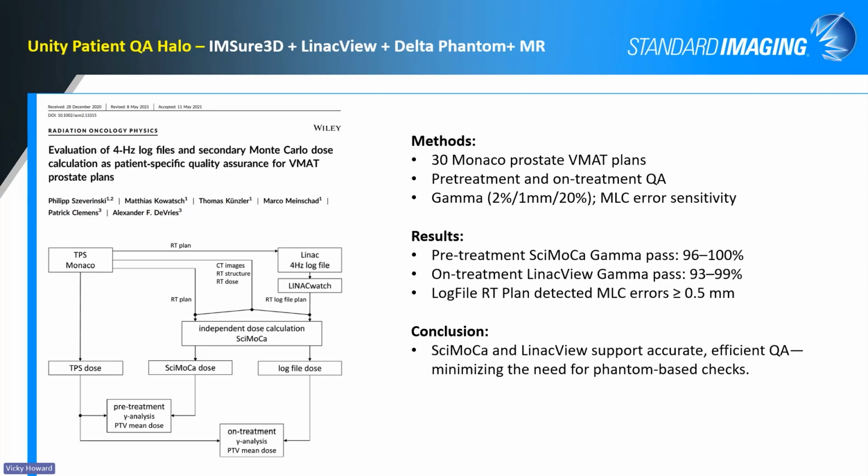AAPM's looking into this now, where clinics will be empowered to have more risk-based QA programs established. So that would be based on what other QA you're doing along the whole patient QA workflow, and are there certain types of plans where you feel confident the risk is low, that you don't need to do device-based pretreatment QA.